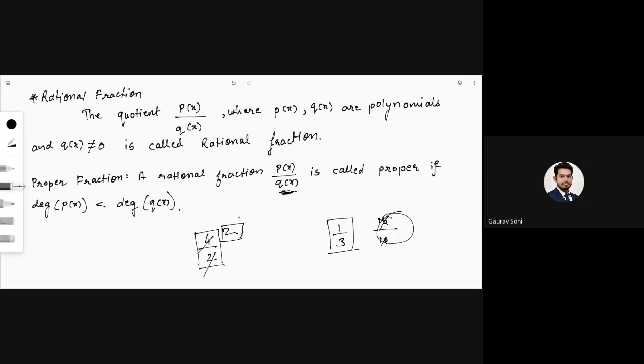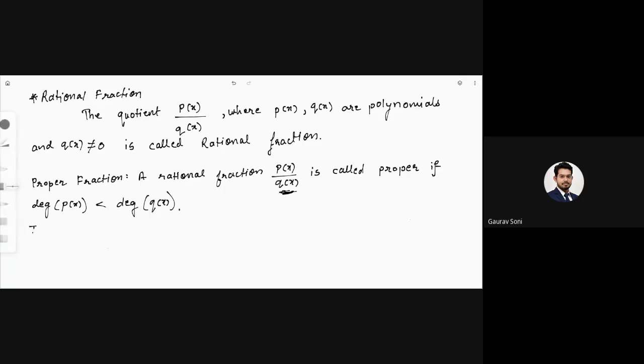So what is a proper fraction? A proper fraction is one in which the degree of the numerator polynomial is smaller and the degree of the denominator polynomial is larger. Such fractions are called proper fractions, and there are improper fractions.